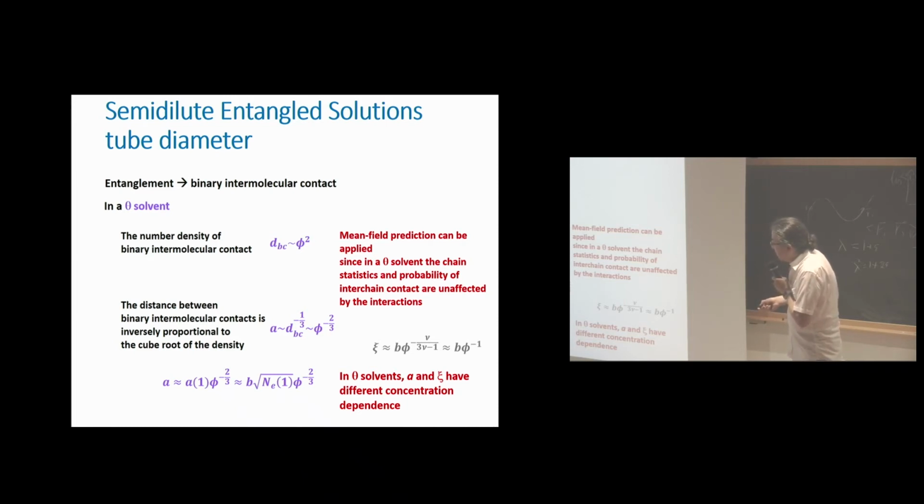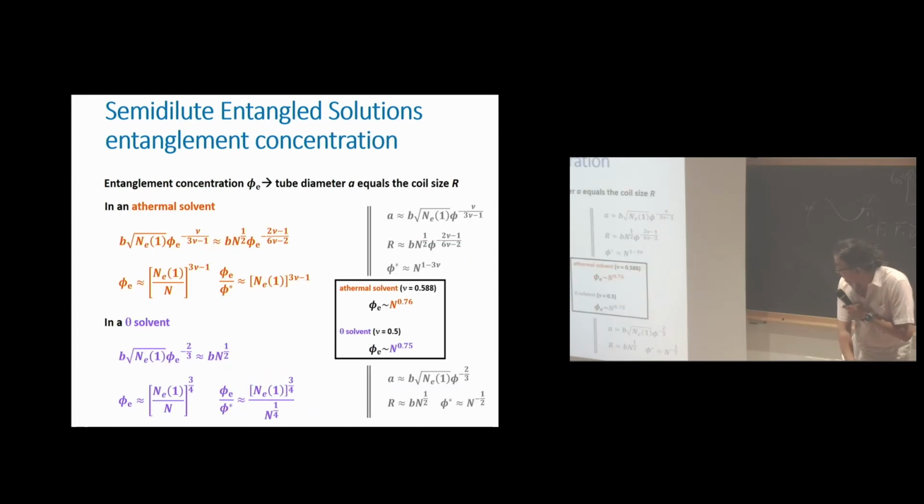Again, we can use a_1 for the melt and N_e1 for the melt to get the dependence. Just remember that ξ has its own concentration dependence, and if we put 0.5 as ν, you have ξ proportional to phi to the power of minus 1, so you have a different dependence. This complicates the situation a lot. Is it okay?